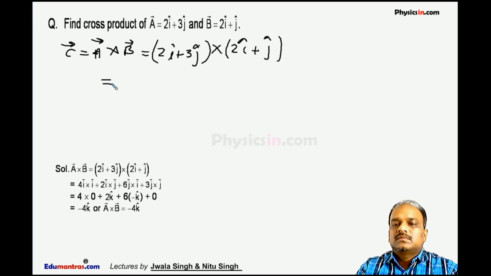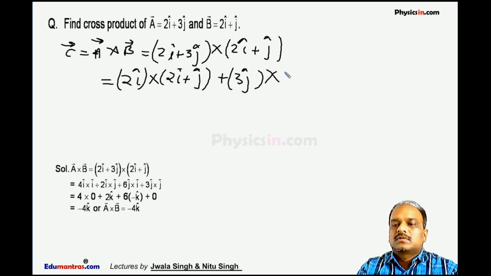This is equal to 2 I cap cross 2 I cap plus J cap, plus 3 J cap cross 2 I cap plus J cap.